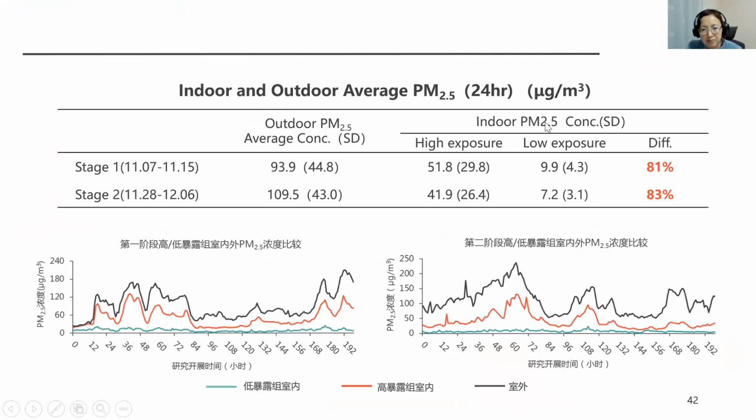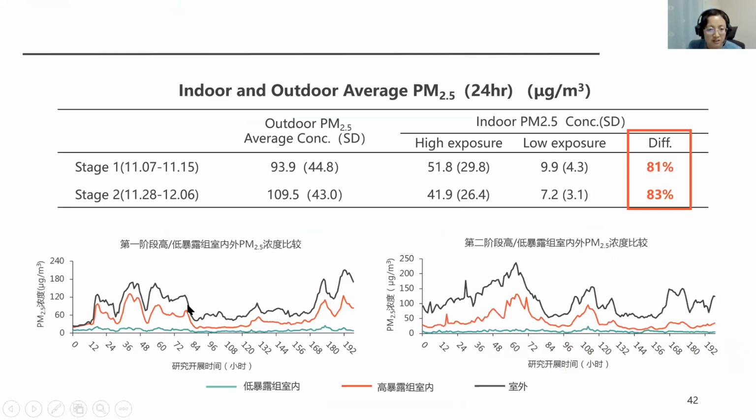For indoor PM2.5, when they used a sham purifier, the PM2.5 was close to 51. But if they used a real purifier, it was 90.9. And this is the second time. If you calculate the difference between high exposure, that is sham air purifiers, and true air purifiers, it is going to be an 81% difference.